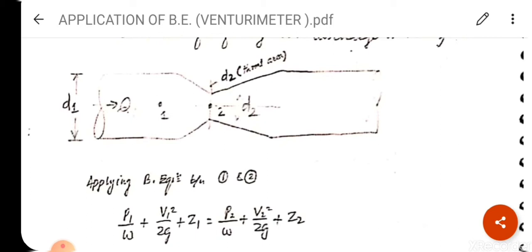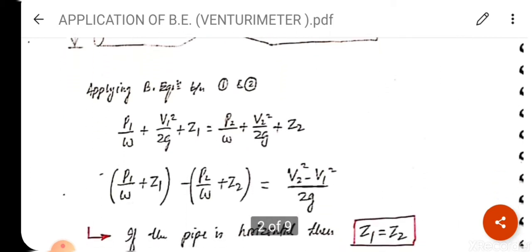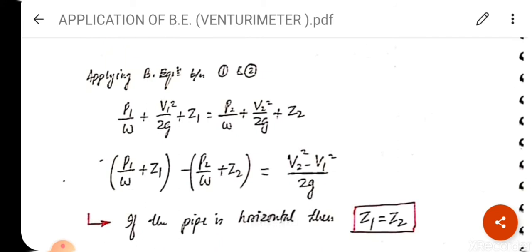Writing Bernoulli's equation here, you all know that P1 by W plus V1 square upon 2G plus Z1 is equal to P2 by W plus V2 square upon 2G plus Z2. I am arranging the terms: the V terms in the rightward direction and pressure and datum head in the leftward direction.